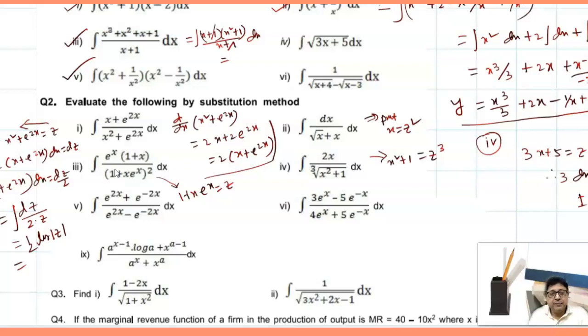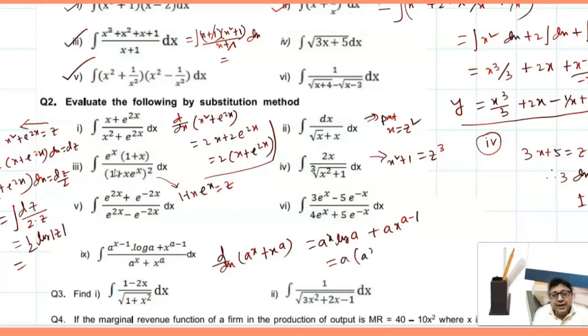For this one, you can see the derivative of a to the power x plus x to the power a equals a to the power x log a plus a x to the power a minus 1. So if you are taking a as common, this is going to be a to the power x minus 1 log a plus x to the power a minus 1.